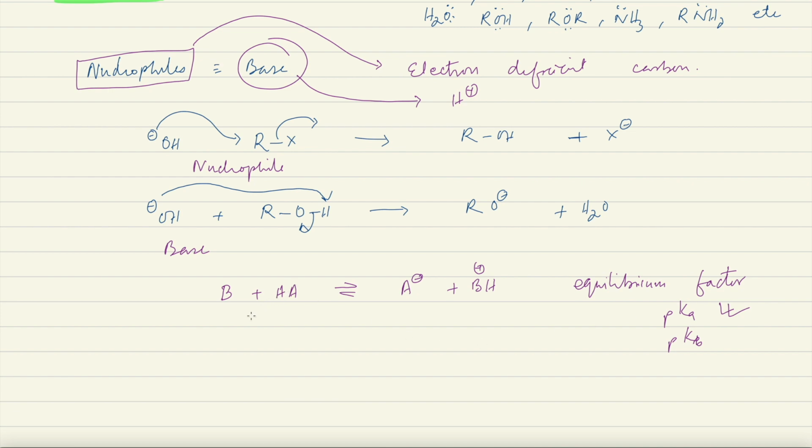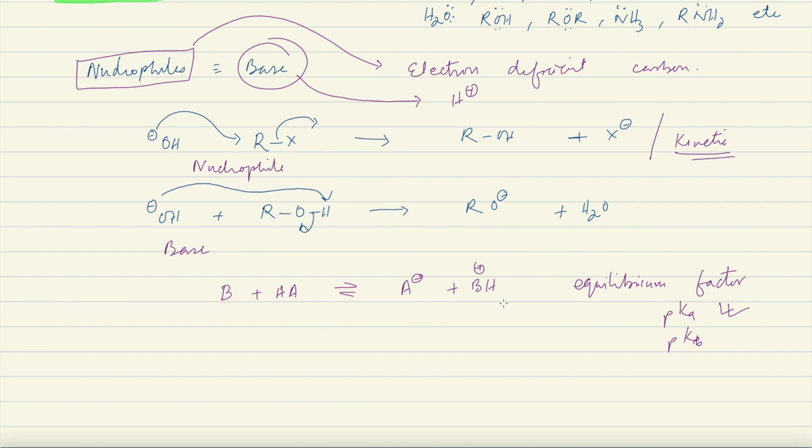But for a nucleophile, it is not an equilibrium reaction. It proceeds in one direction. It's not reversible, and it's not in equilibrium. So here it is determined by a kinetic factor: how fast this one will react with the carbon atom and form the product. This is known as a kinetic factor, so it is determined by the rate of the reaction.